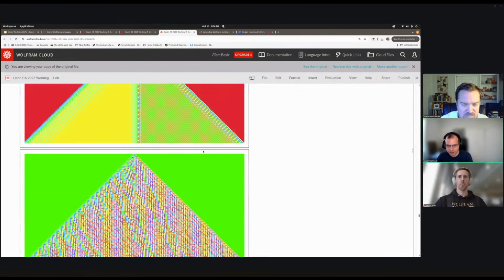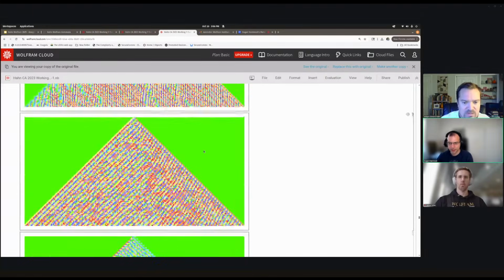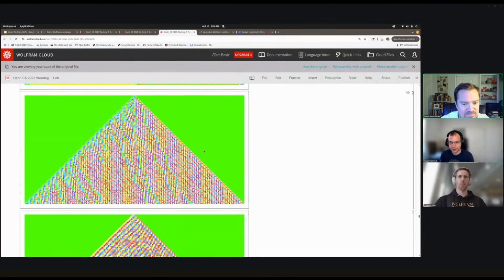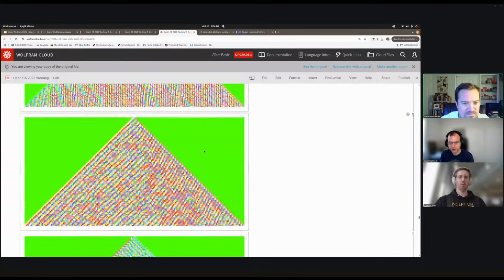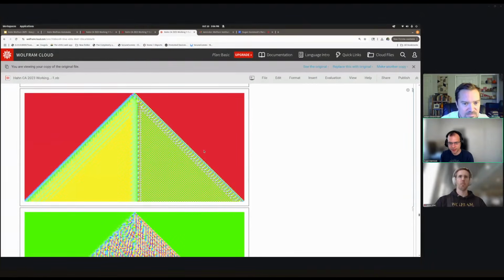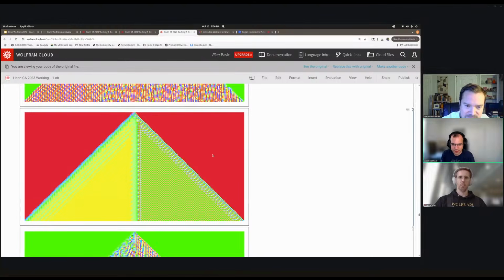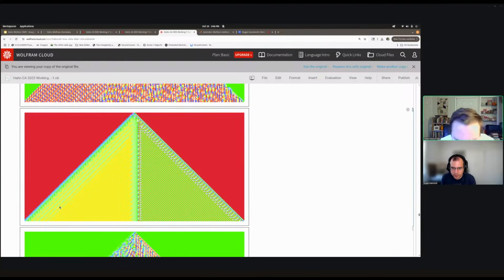What's going on here? This one? The yellow one. Yeah, that one. It's got something in the middle that looks deterministic. The right half kind of repeats itself, but then we get some interesting stuff over here on the left, which is quasi-regular.